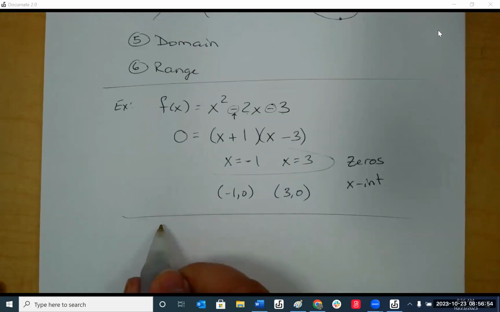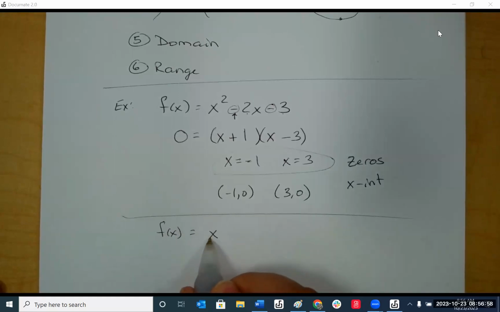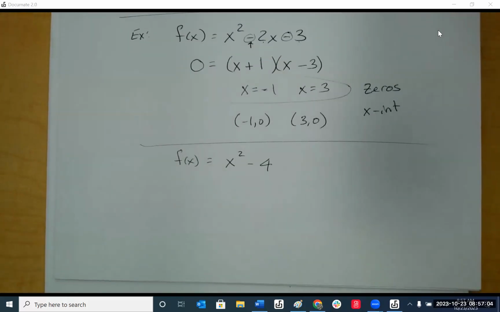What if I gave you this equation? Find me the x-intercepts there, or find me the zeros. Is it linear?